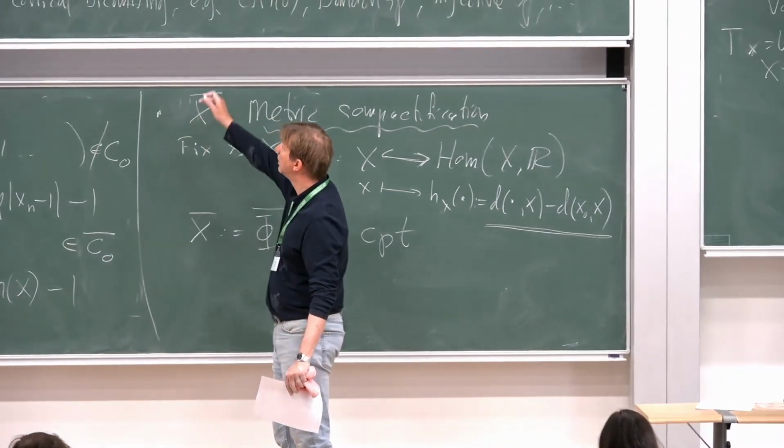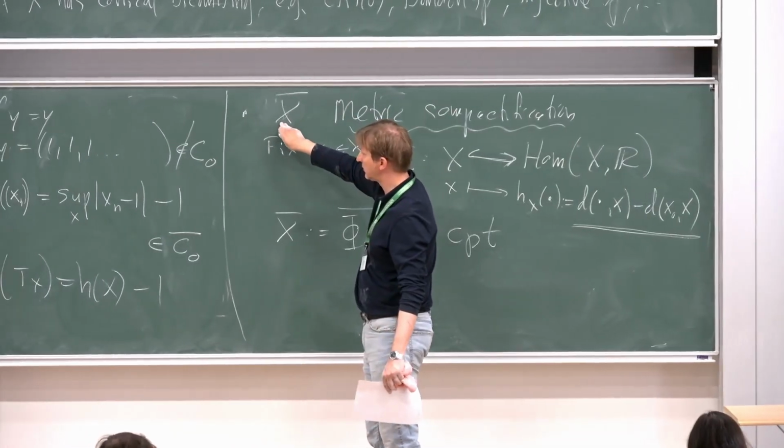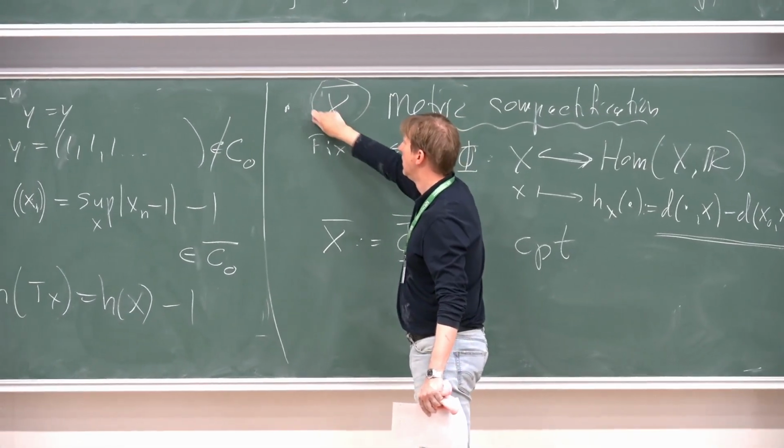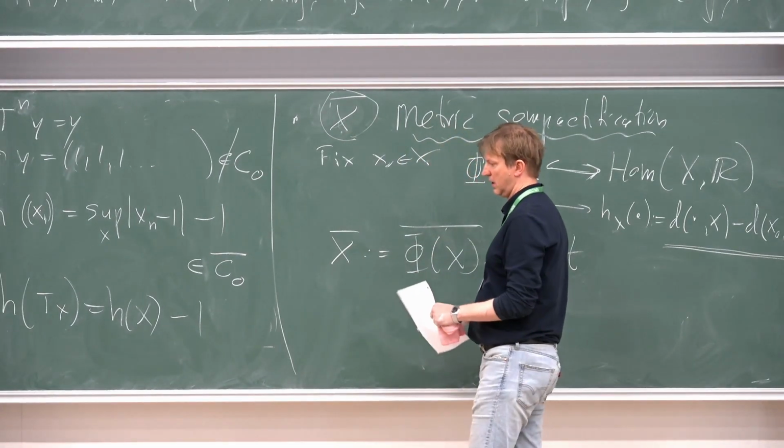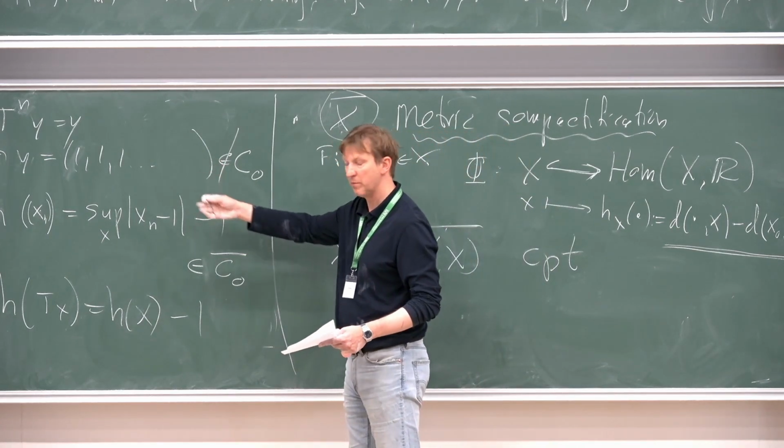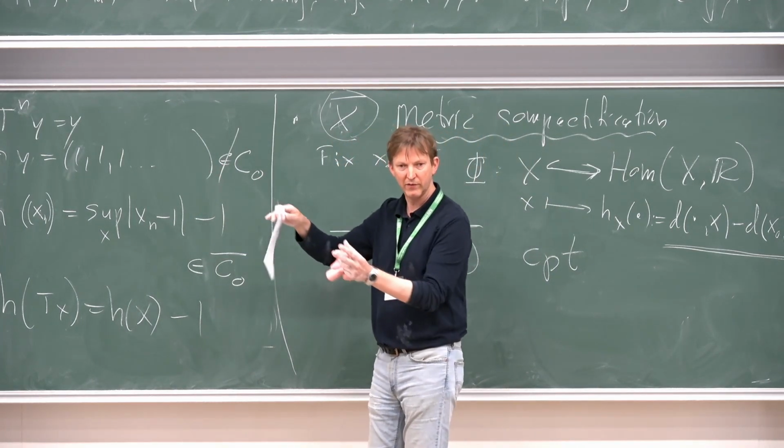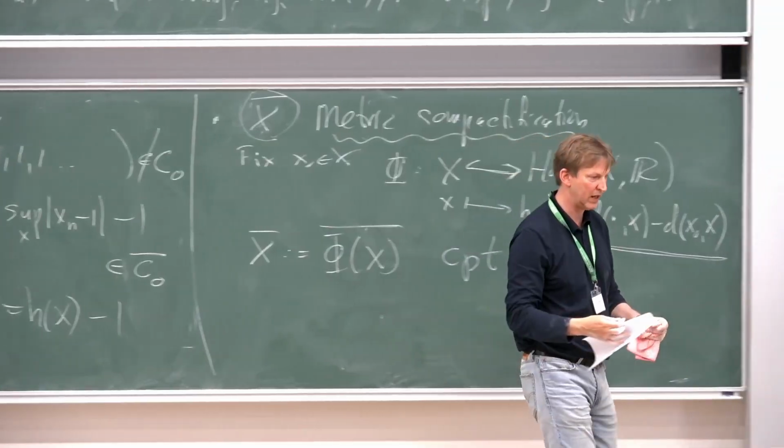And if you look at how isometries act by homeomorphism on this, they act like this, like we had in our picture, which translates the horofunctions. It's just that it's true, not only in CAT(0) spaces.